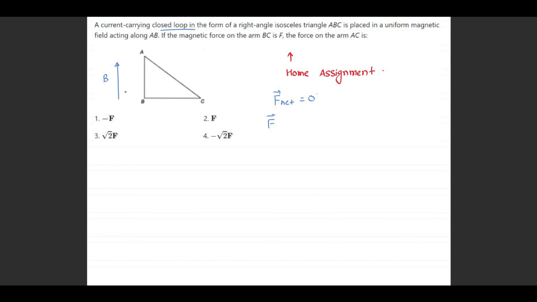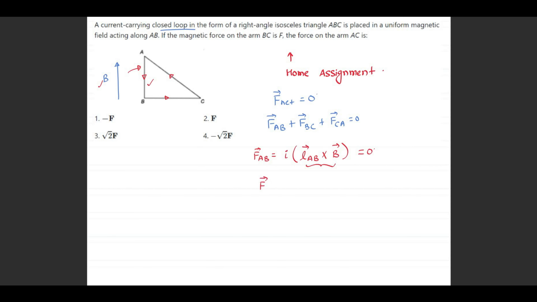I can write that net force as, and let us say the current is flowing like this. Correct? Now if you look at this part AB, for AB it will be, and you can see length and B are 180, so cross product will be 0.